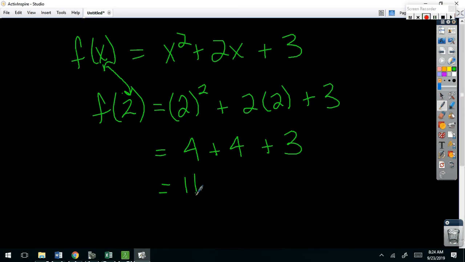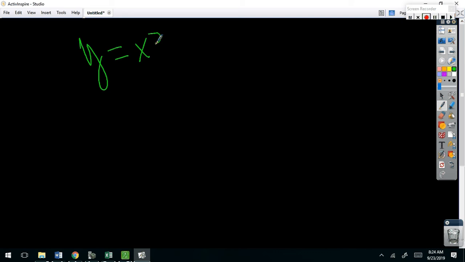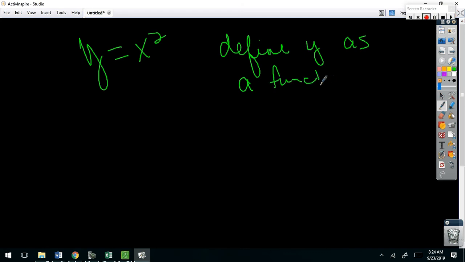All right, that's function notation. If y'all are good with that, I want to make sure that I give it to you the way your book does. How about this? If I said that y equals x squared, define y as a function of x. What does that mean?